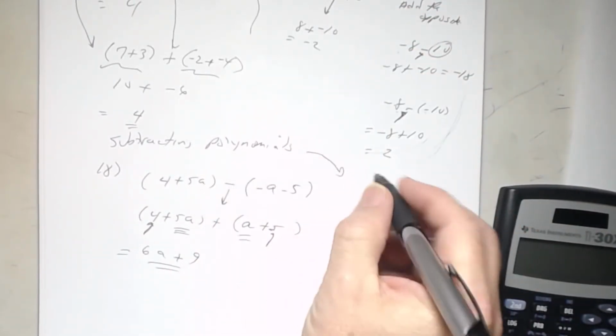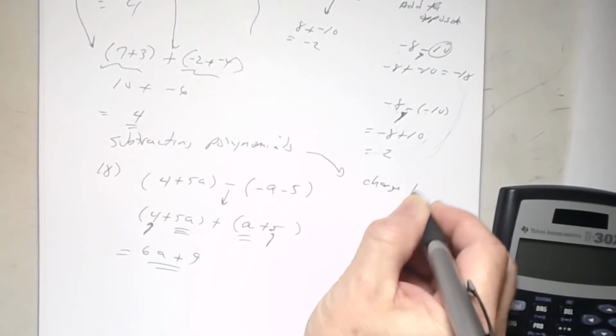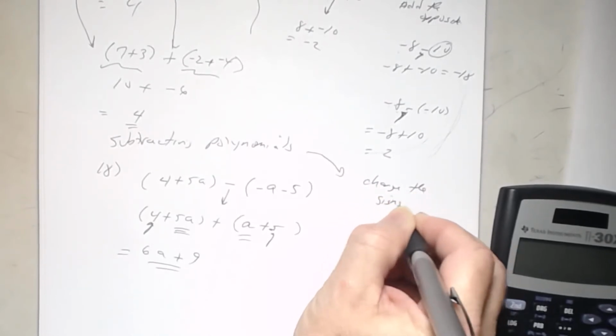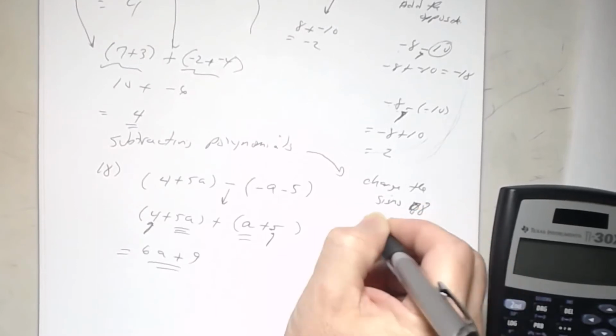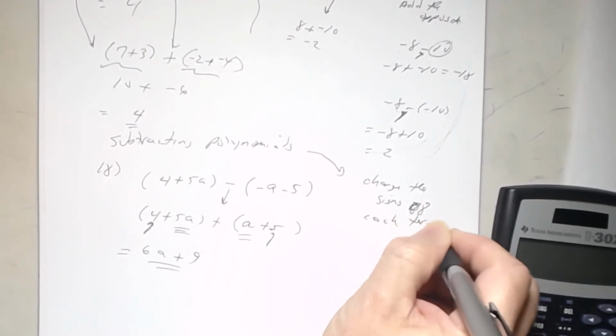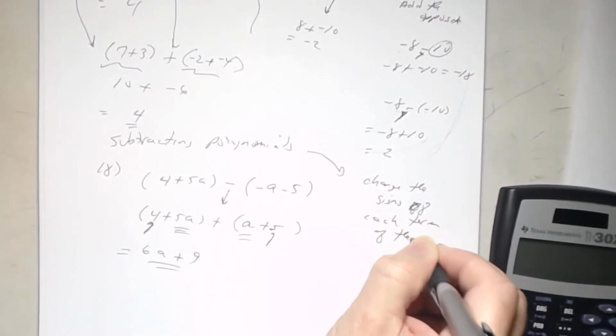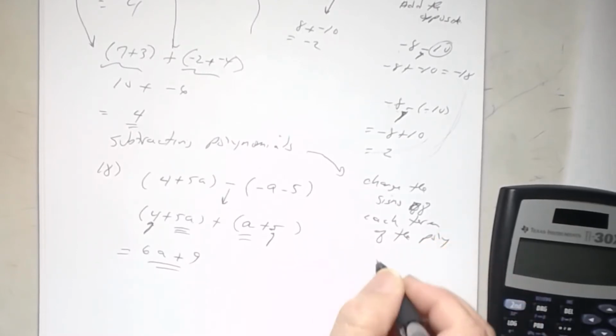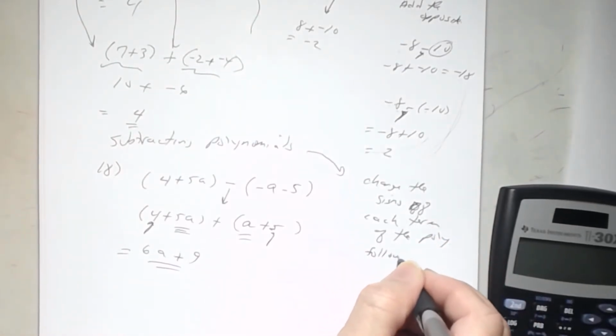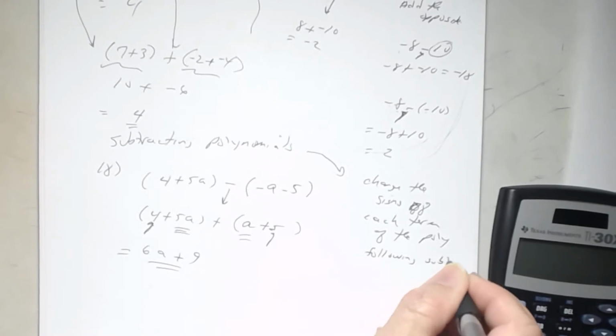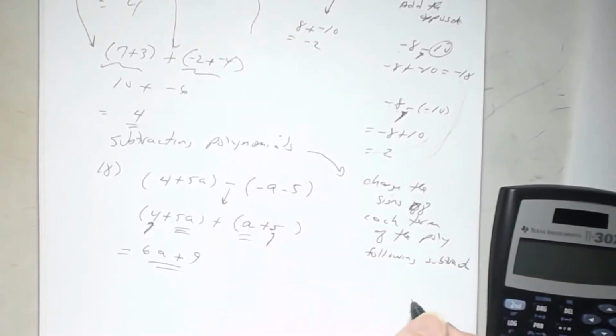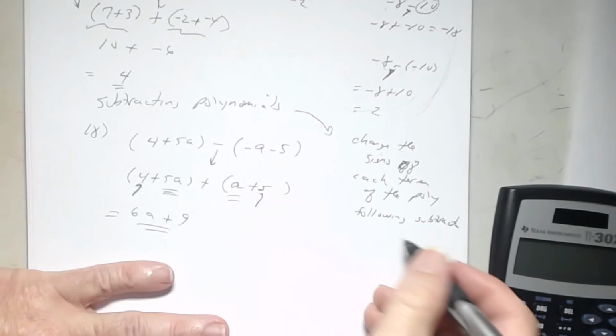But when you're subtracting polynomials, you have to change the signs of each term of the polynomial following the subtraction symbol, and then add the polynomials.